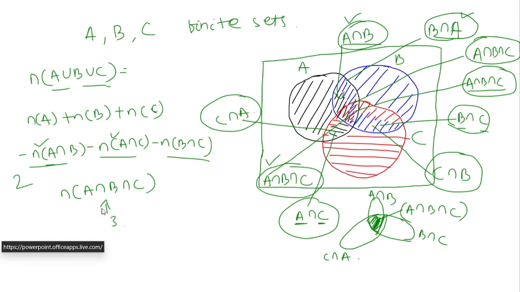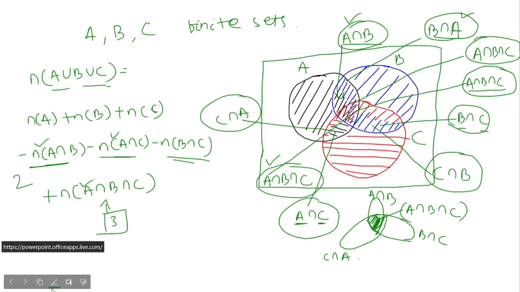So you can see here, as this is added 3 times, and when I subtract these terms 1 time, then this is automatically totally removed. So to make it count just 1 time, what I need to do is add this once.